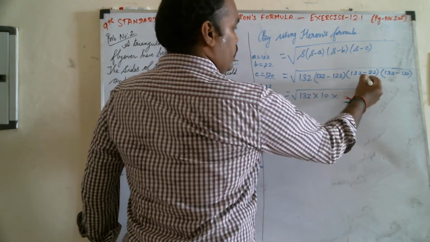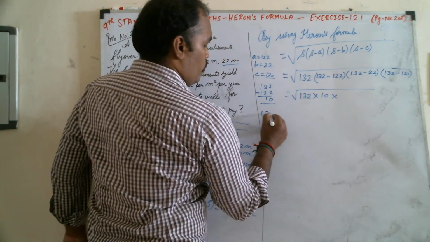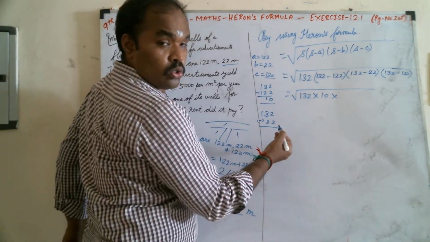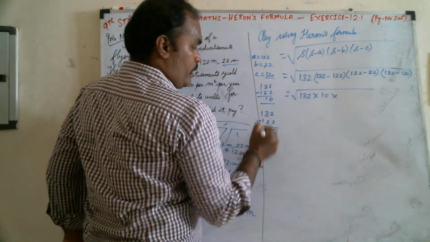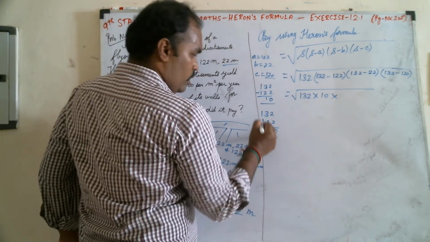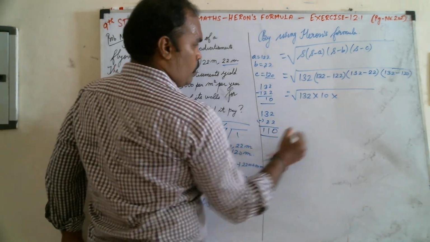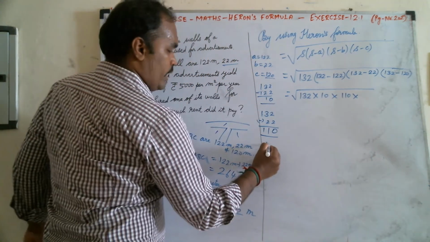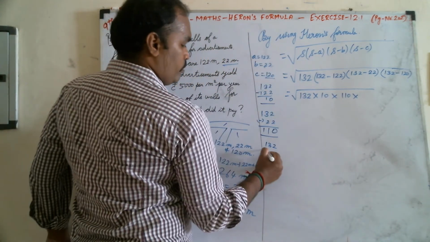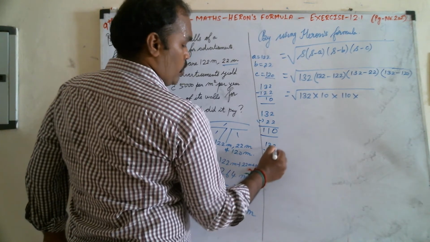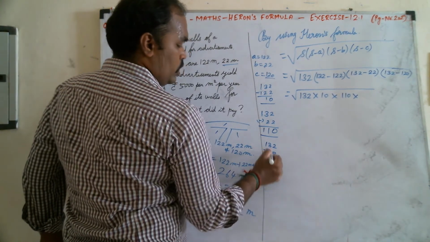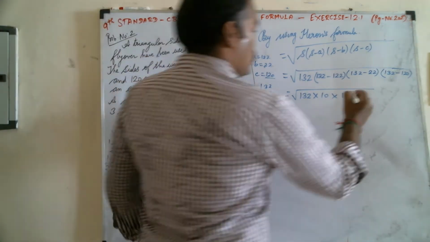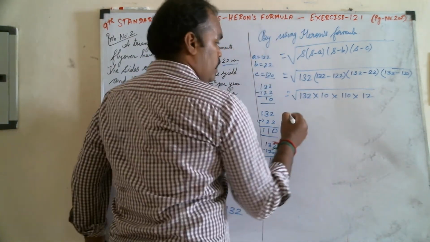So 10. 132 minus 22 is how much? 2 minus 2, 0. 3 minus 2, 1. 1 minus 0, so 110. 132 minus 120 is how much? 2 minus 0, 2. 3 minus 2, 1. So 12.